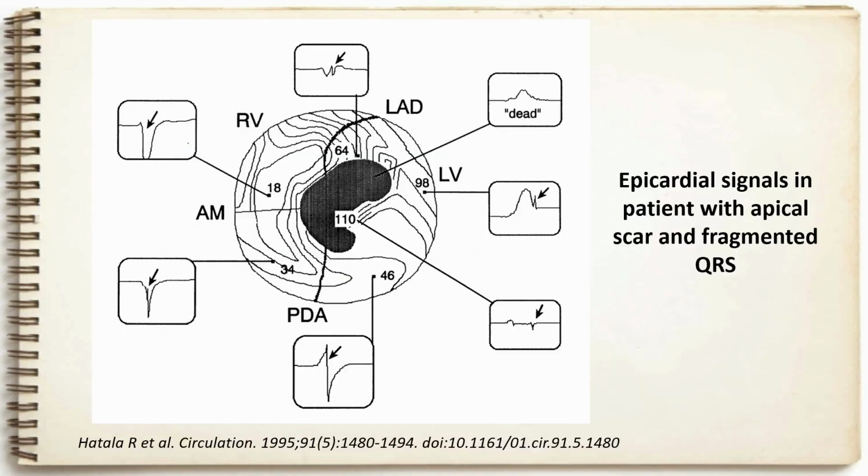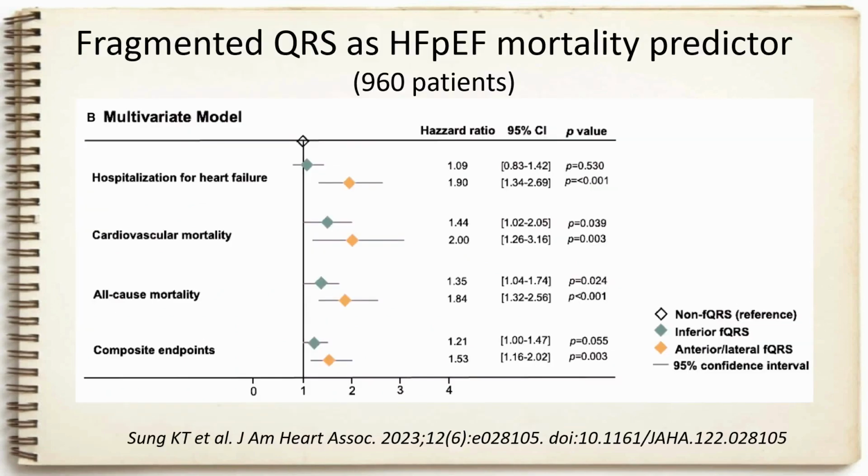We know quite well that they are, of course, due to collision of wavefronts, mostly around scars on the myocardium, mainly on the epicardium, which is then demonstrated on the surface ECG.